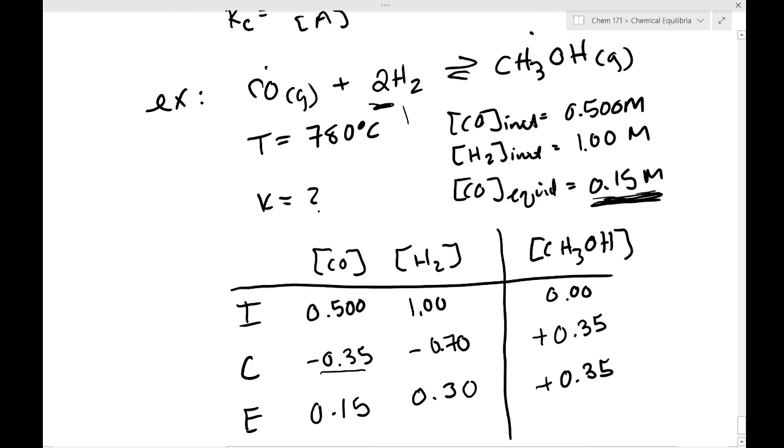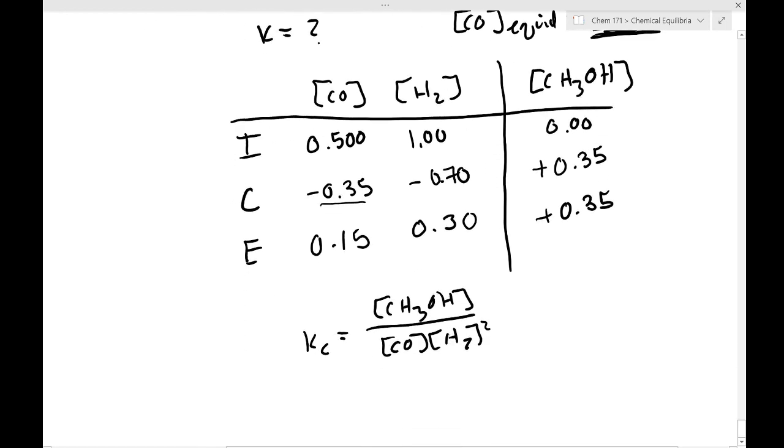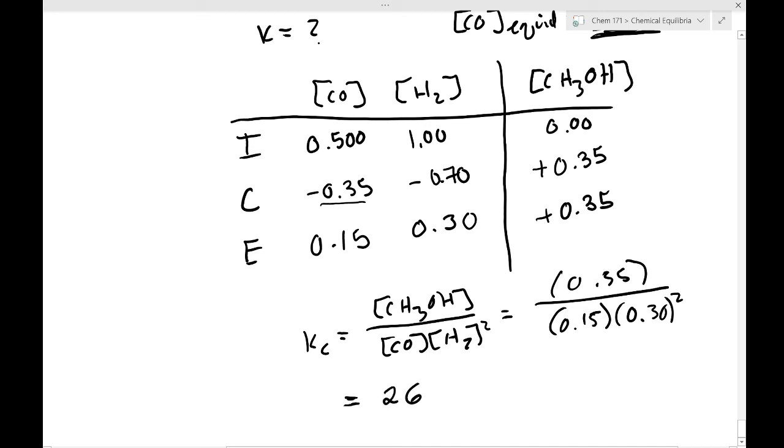If you look at the stoichiometry, that's why there's a square there. And now we just plug in the numbers. So we have on top 0.35 divided by carbon monoxide 0.15 multiplied by hydrogen gas concentration 0.30 squared, and we end up with a Kc value of 26, or 2.6 times 10 to the 1.